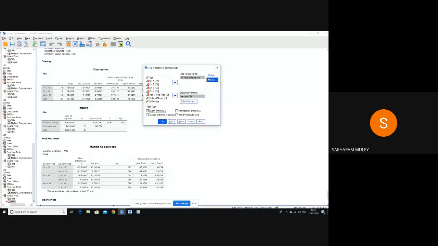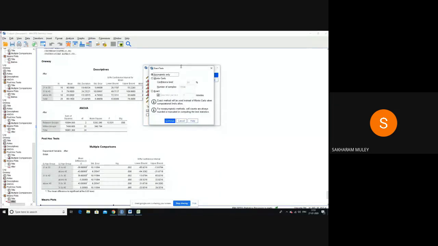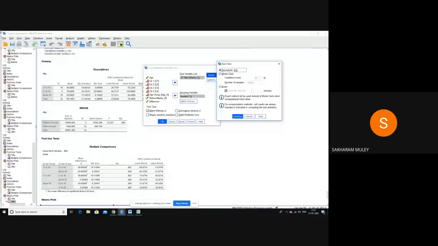Exact, we will not go for exact. You can click on exact or asymptotic; these are the options. The exact method is used instead of Monte Carlo when computational limits allow. These options are for people who are working on very strict data sets where significance really matters to life.